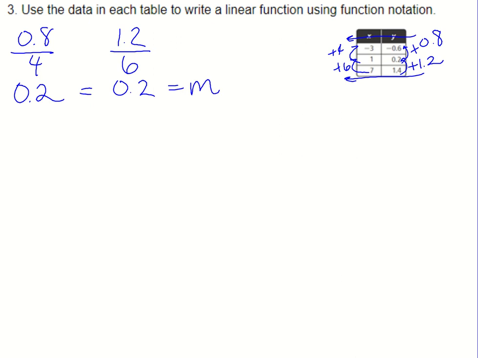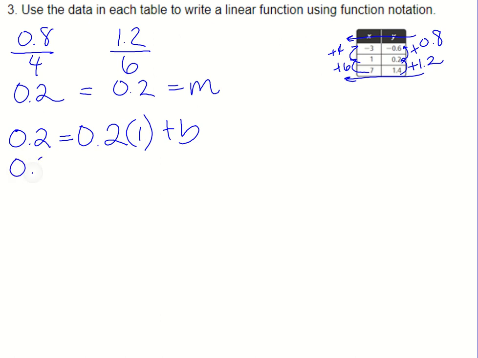So then we need to pick a point. It doesn't matter what point you want to use. Again, I like to just use positives in my smallest numbers. So I'm going to use 1, 0.2. So I'm going to go 0.2 equals, put my slope first, 0.2 times 1 plus b.